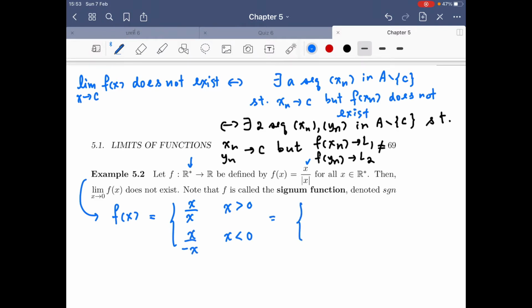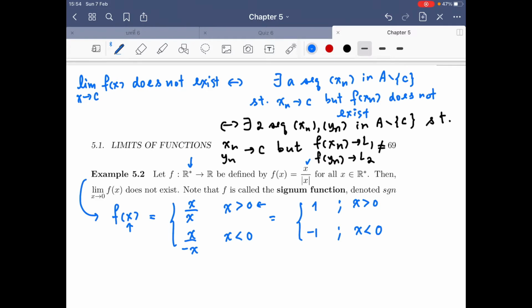So it means that, because x is not 0, the value will be 1 if x is positive, and negative 1 if x is negative. So it looks like the sign of the real number x is inserted into that function, and this function just tells you the sign of the number.